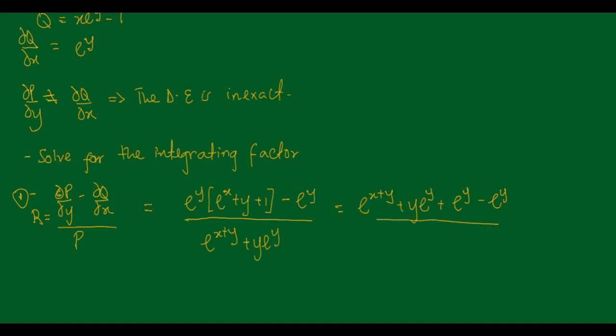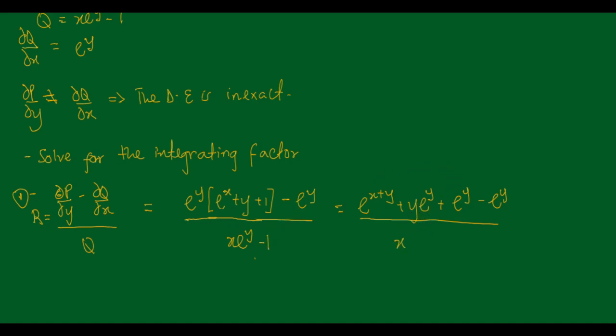divided by, okay, sorry, I think it is divided by Q in this case, not divided by P. So if it's divided by Q, the denominator changes. So we divide by Q. We have Q to be x e raised to the power of y minus 1.